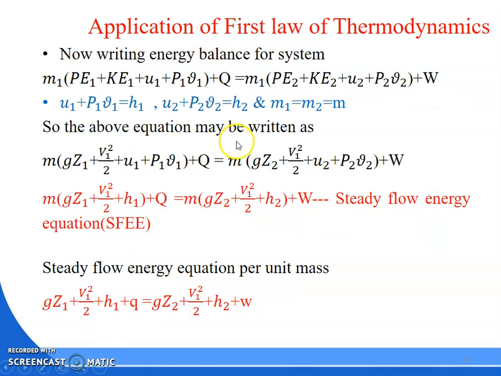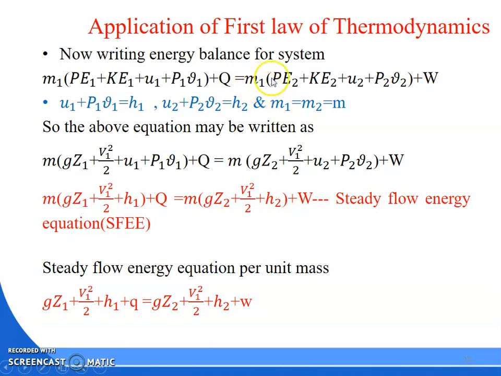So what are the energies? Energy at the inlet will be M1 times potential energy, kinetic energy, internal energy, and flow energy, plus heat given to the system. Heat addition is positive, plus Q, is equal to, because of heat addition, work. Okay. So what is the energy at the outlet? This should be M2, not M1.